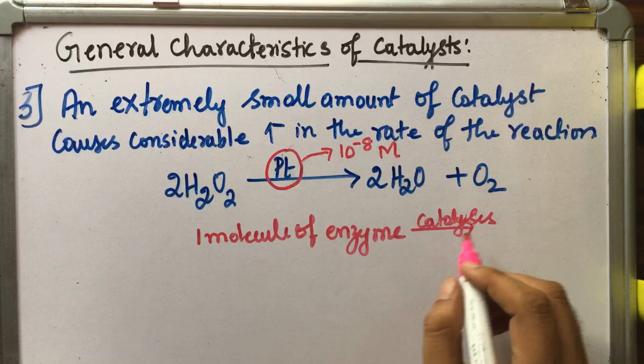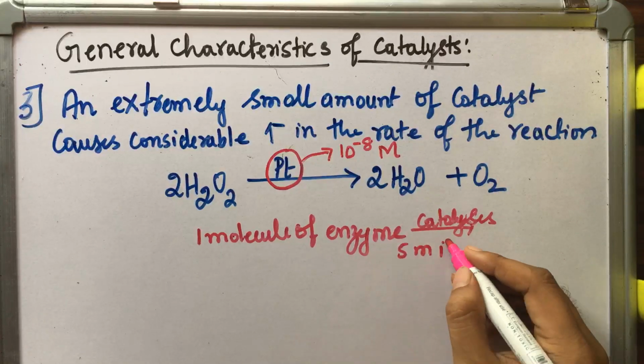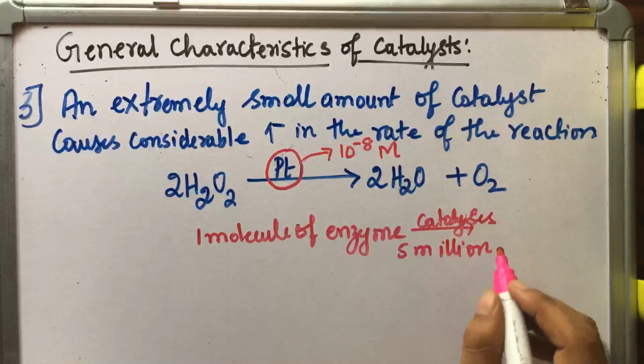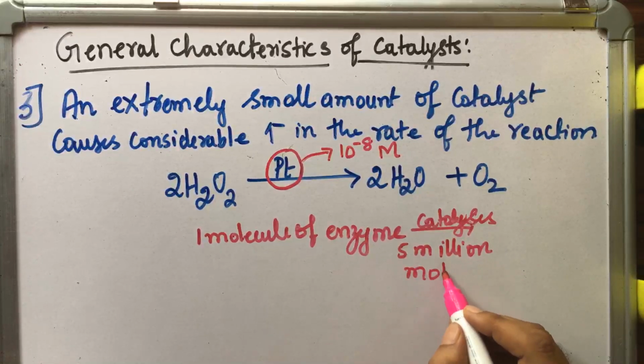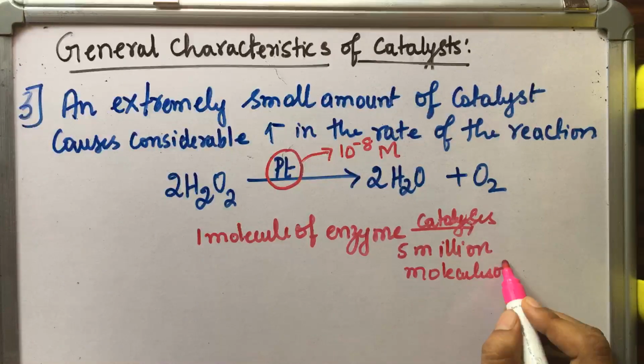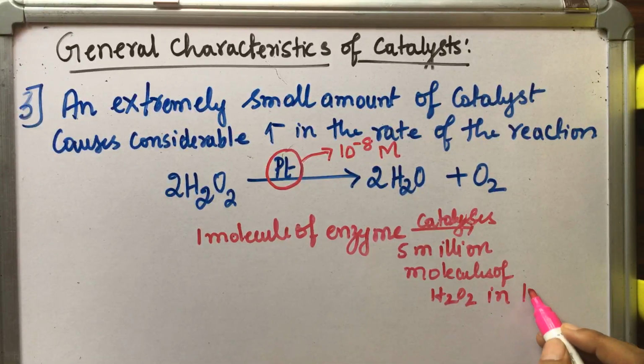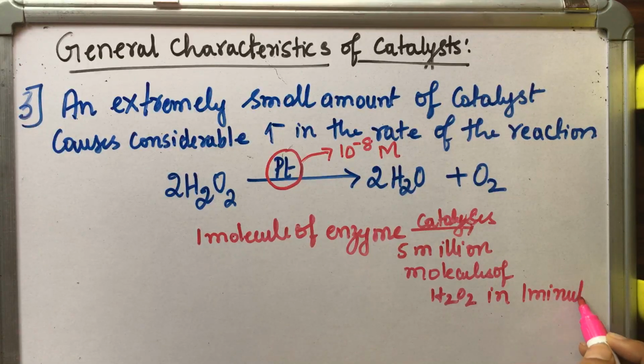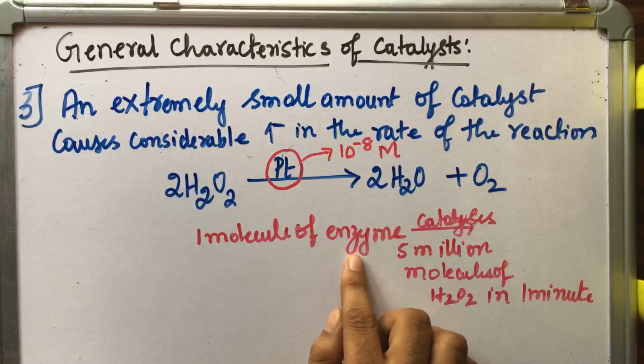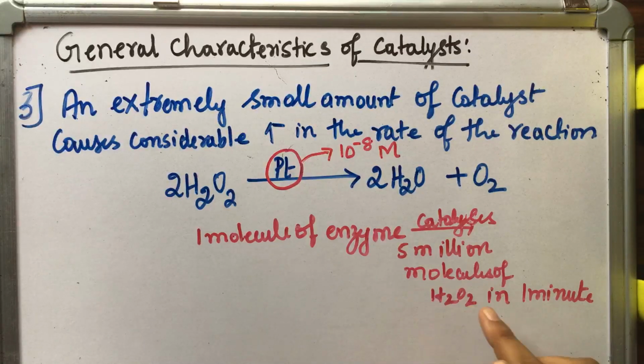So what is the efficiency of a catalyst? It is a highly efficient catalyst. One molecule of this enzyme acts as a catalyst, decomposing 5 million molecules of hydrogen peroxide in 1 minute.